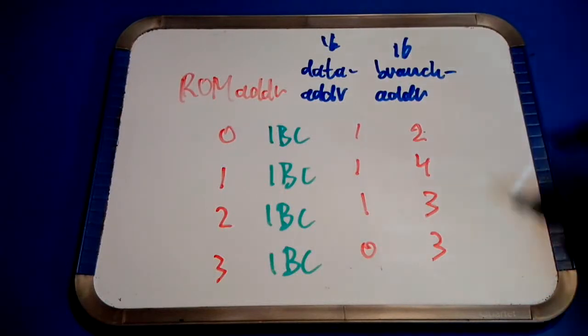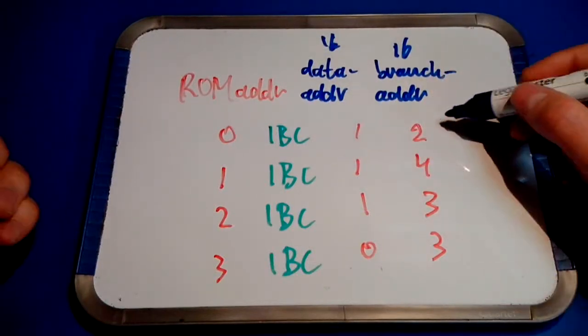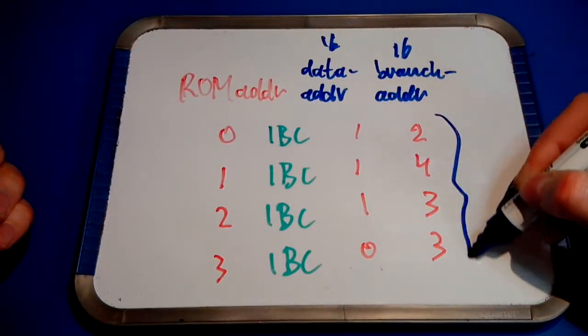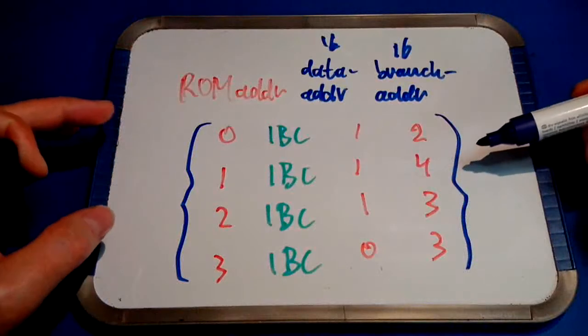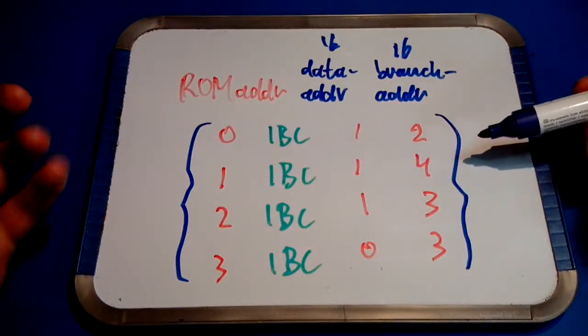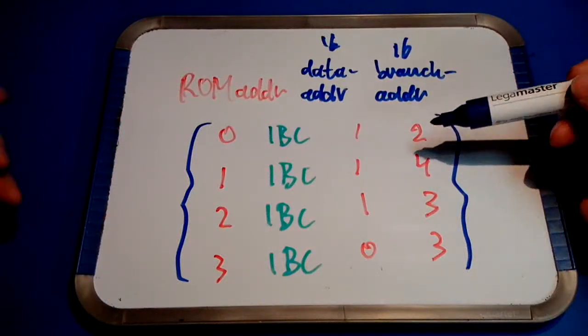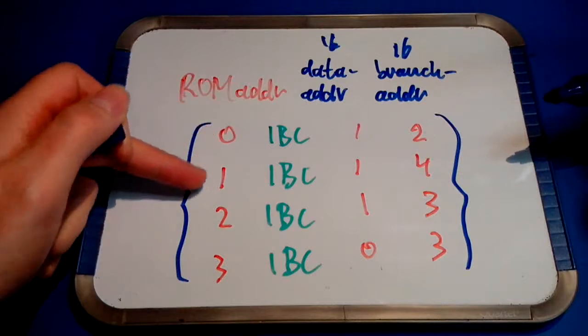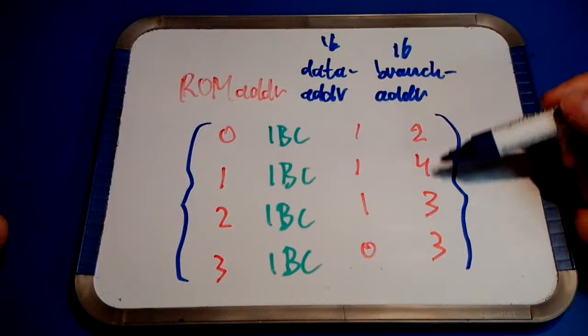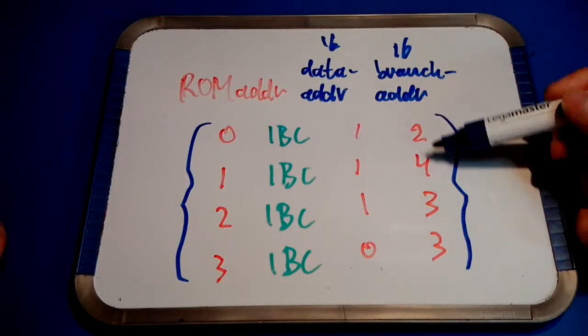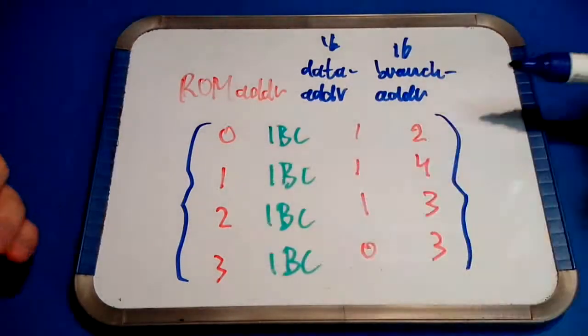Now the next problem is, if you look at the rightmost column and the leftmost column, you'll notice that both refer to program locations. The leftmost column is the actual program location of each instruction in the program, and the rightmost column consists of references to program instructions.